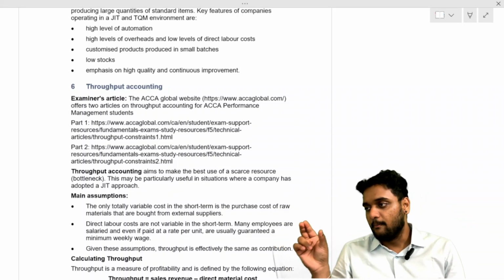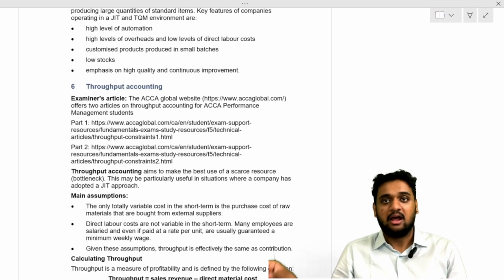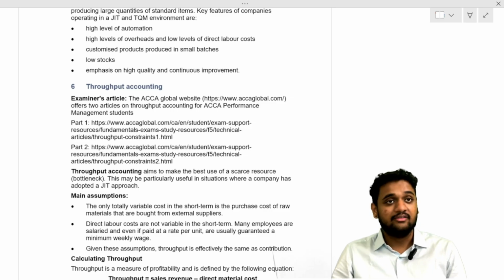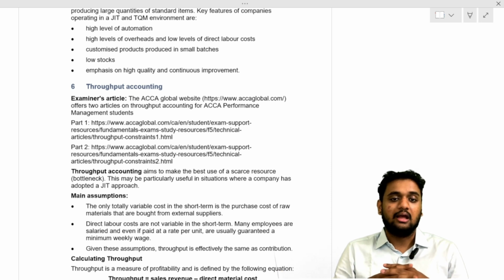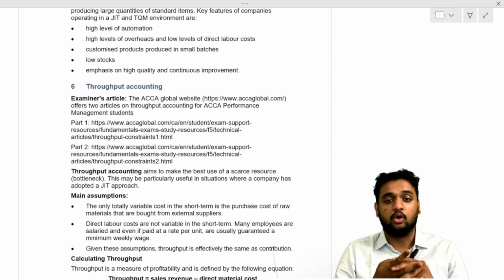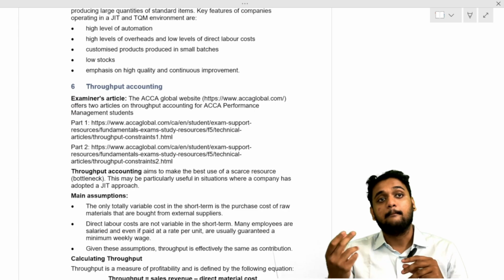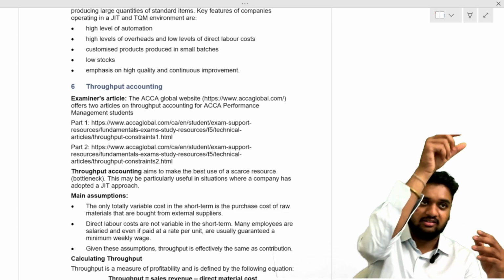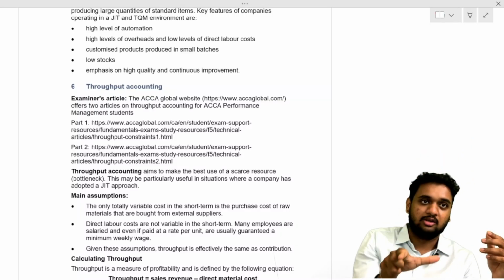Limiting factor theory will tell you that machine hours are less, labor hours are less, direct labor is less, or demand is less. This and all they will give in limiting factor. The theory of constraints, or throughput accounting, you can also call a bottleneck. How will an Aquafina bottle look? The bottle is coming here, the neck will be small, and then it goes above.